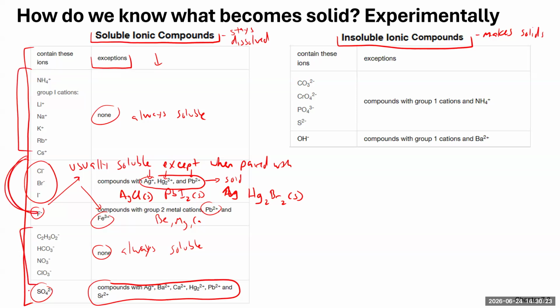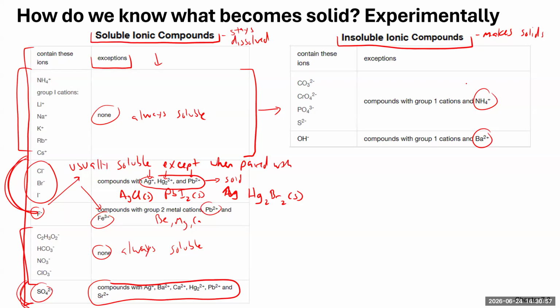These ones here, usually, except, and they're the exceptions on the right side, right? These are always insoluble. And then group 1 cations are here, right? These group 1 cations. So basically, they're always insoluble. The exception is if it's paired up with any of these, right? And barium, sorry, and this one is ammonium.